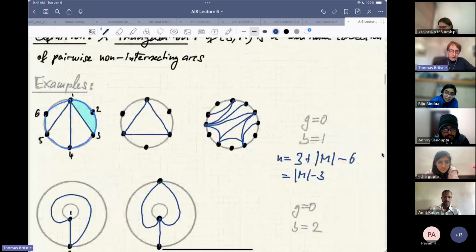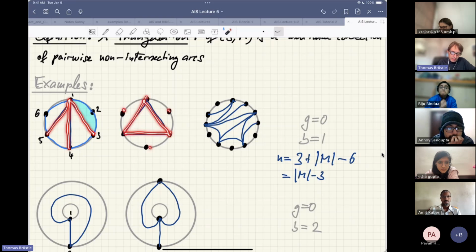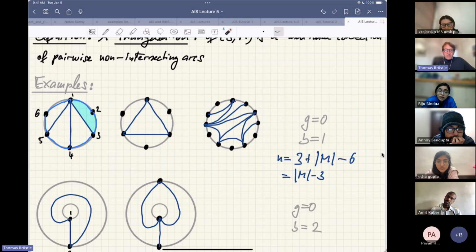So you always have a triangulation of a polygon that has 3 internal arcs, 3 diagonals less than the number of edges, than the number of corners of your polygon. This is a well-known formula, okay? And you can generalize this formula to other shapes.